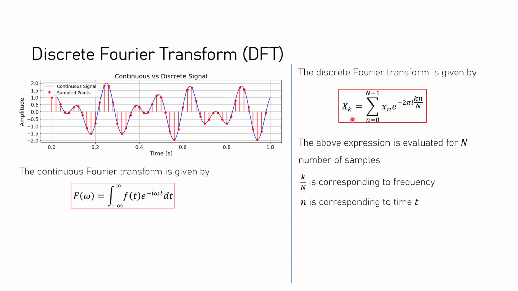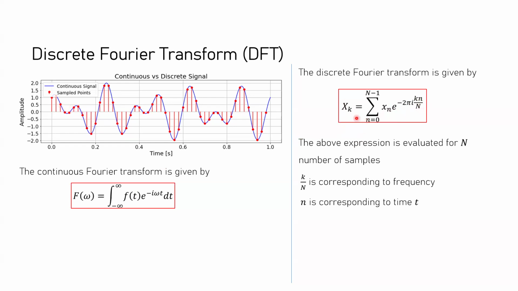In this summation, capital X k are the Fourier components, and small x n denotes the values of the sample points, and k denotes the index of the Fourier component, and n is for each sample point.